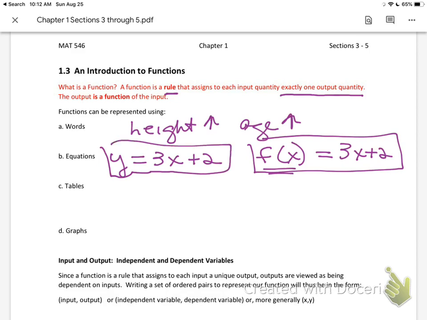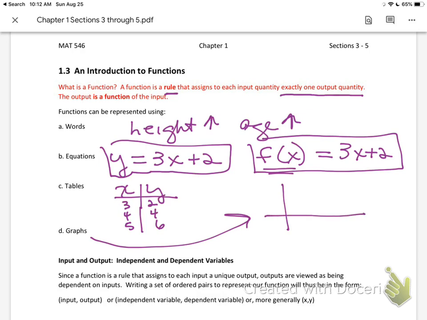You can present a function as a table. So let's say you have x's and y's, and maybe you have 3, 4, 5 for your x's, and for your y's, you have 2, 4, 6. So that's a function expressed as a table. And the last way you can express it is as a graph.